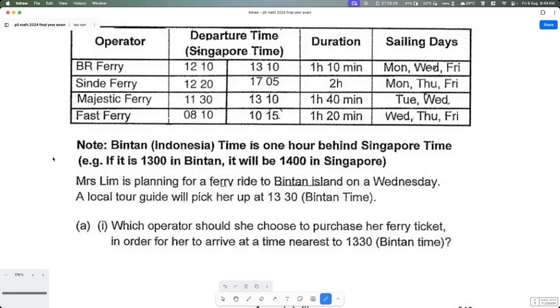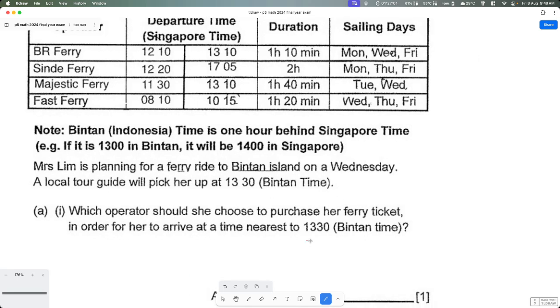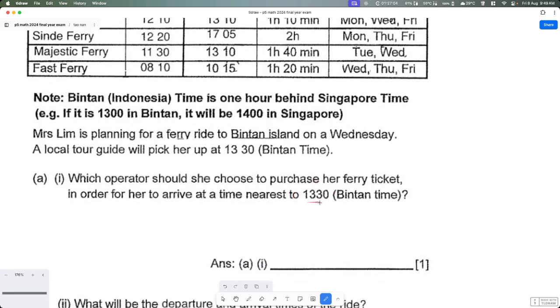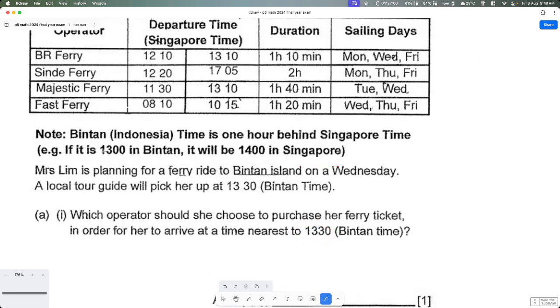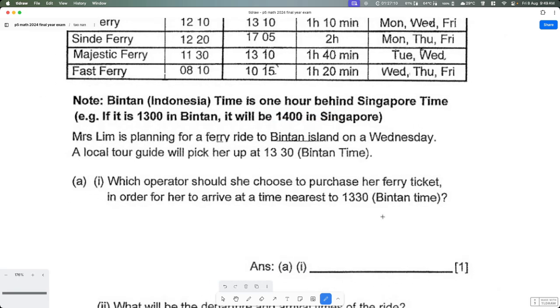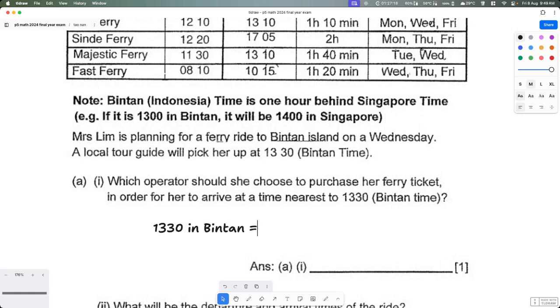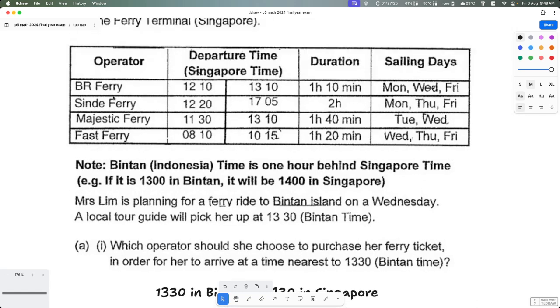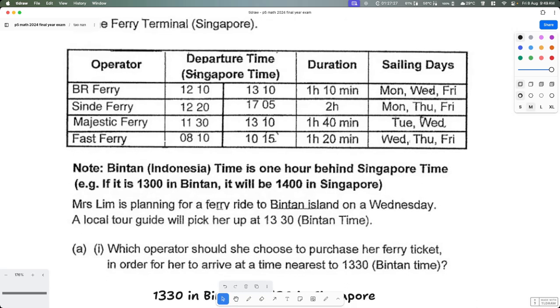First, we want to convert 1:30 to Singapore time. If it's 1 p.m. in Bintan, it will be 2 o'clock in Singapore. So it's 1 hour more. So 1330 in Bintan is equal to 1430 in Singapore, because we are referring to the Singapore time.